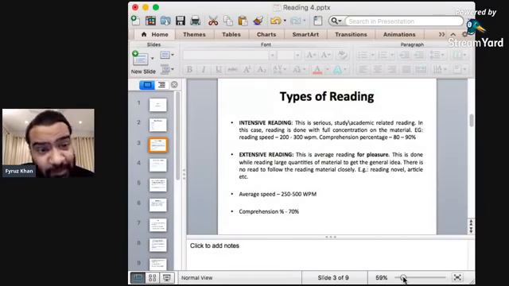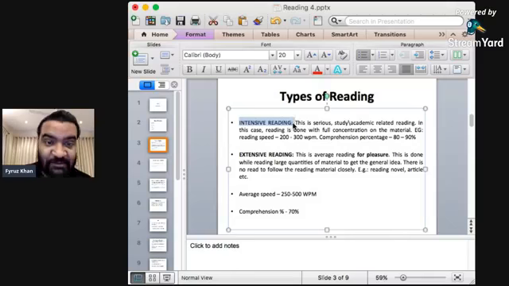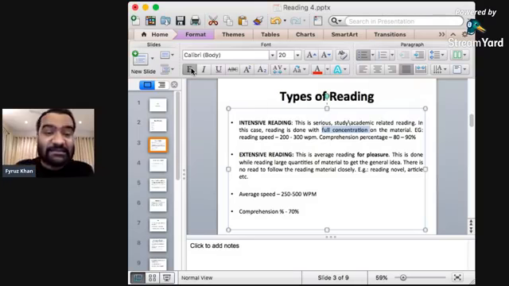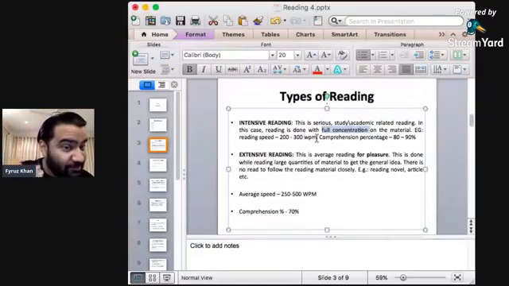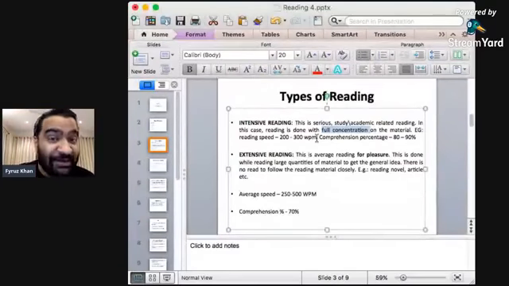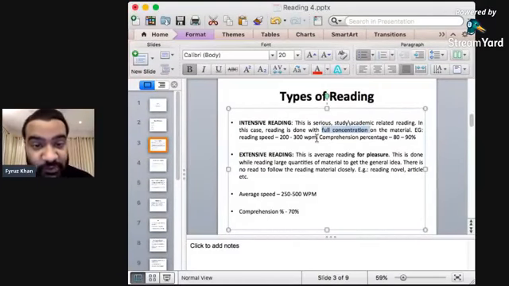For those kinds of books, you do intensive reading. Intensive reading means you read line by line, word by word, with full concentration. That's called intensive reading.